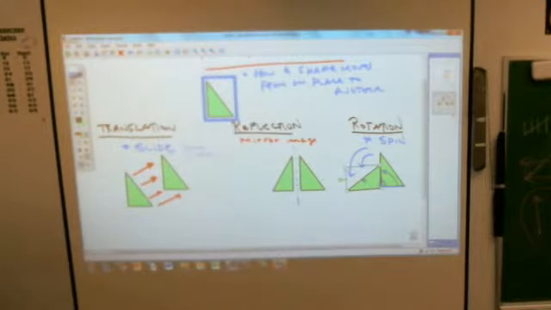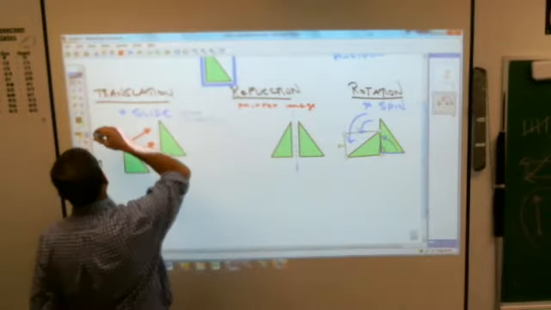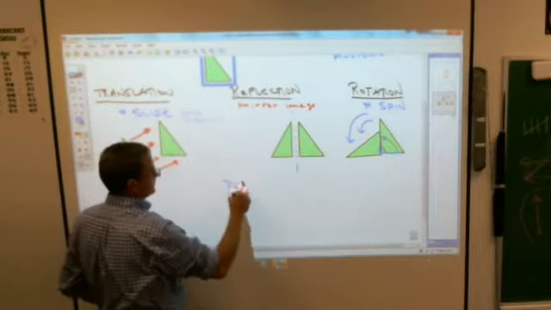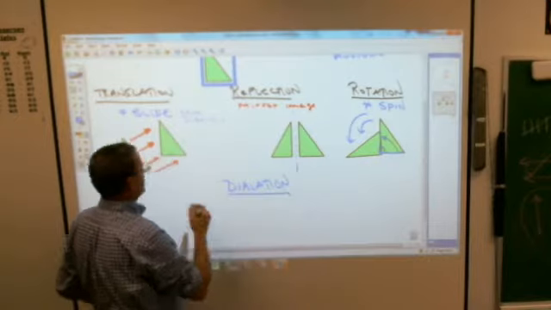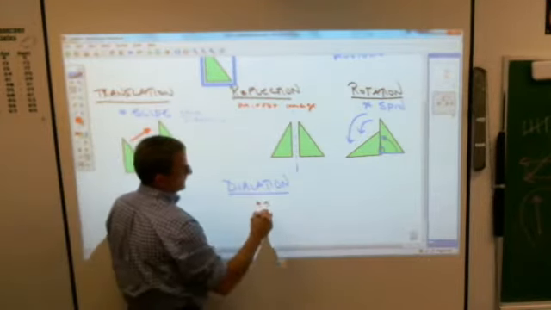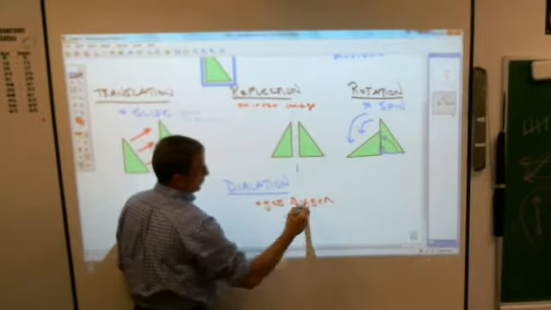The other thing that comes up in transformation is something the book calls a dilation. You ever go to the eye doctor and they dilate your eyes? That just means that it gets bigger proportionally.